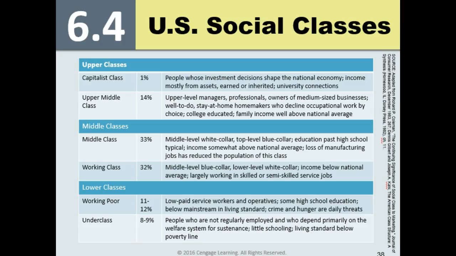Okay, here are the different U.S. social classes: upper class, middle class, and lower class, and each of those classes are broken into two distinct categories as well. Here's your Exhibit 6.4 that I was referring to. Right, so just want you to be aware in terms of consumer buying patterns, those who are considered affluent are more likely to own their own home, purchase new cars, purchase new vehicles, trucks, vans, whatever they are.